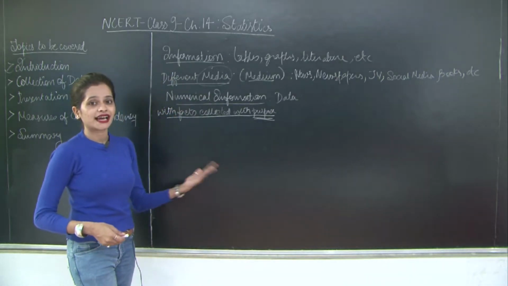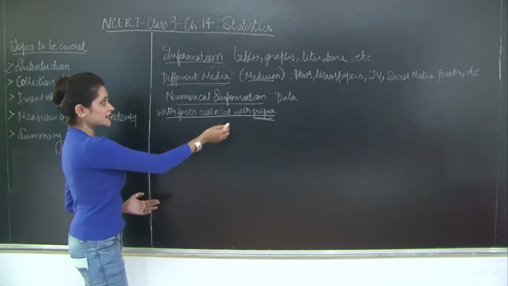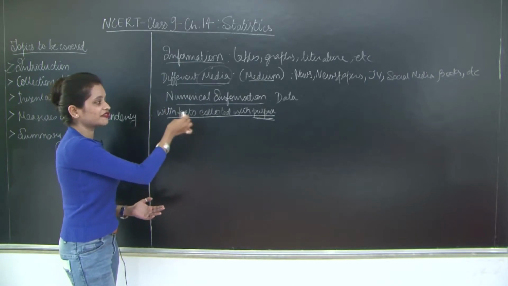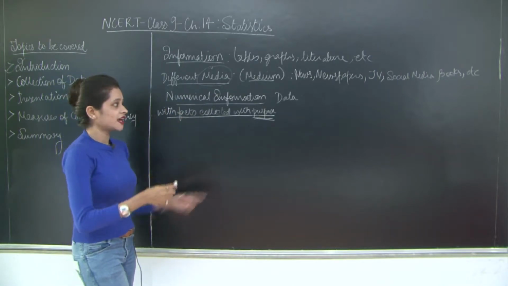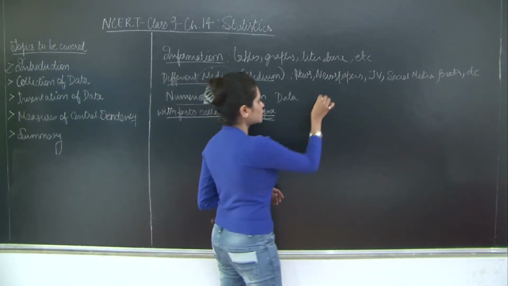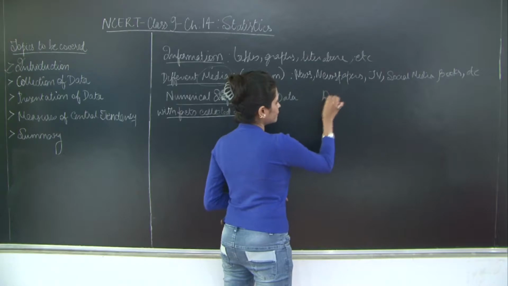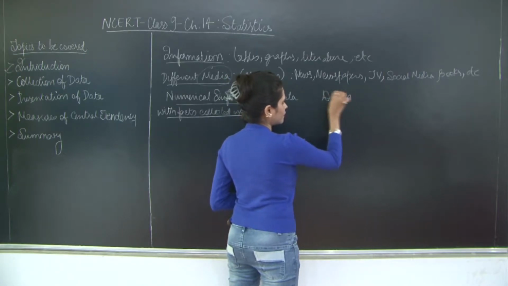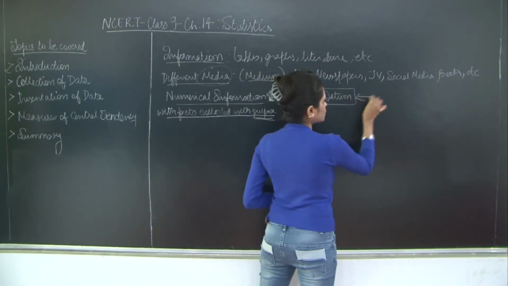So that will be your data at that instance of time. So what is data? It's numerical information with facts collected with a purpose. Now data is derived from a Latin word, datum. This is a Latin word.